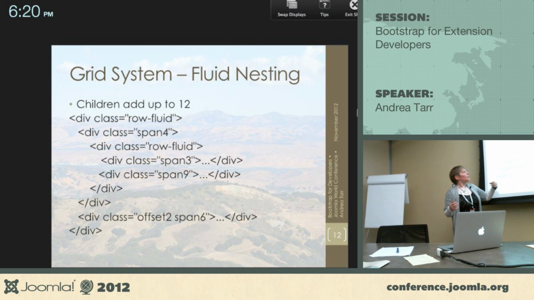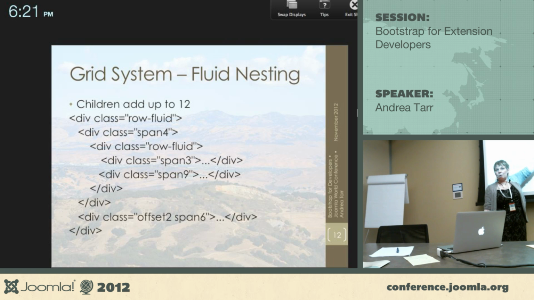And one of the things you may want to do here is you might want the whole thing to be fluid so that you can break here between the span 4 and this offset 2, span 6, but maybe you don't want to break in between here, in which case you could actually change that and make this one just row instead of row fluid, and then it wouldn't break these two apart.